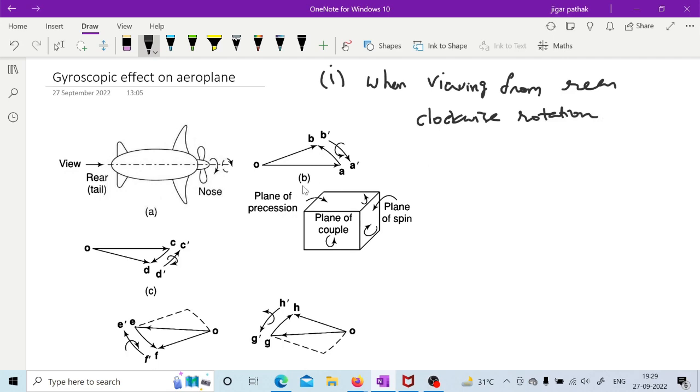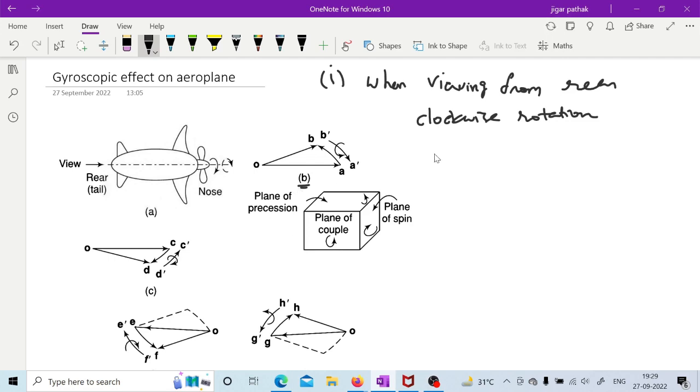It is mentioned in figure B what is going to happen in this case, right? If you focus on figure B, you will have angular velocity in this direction. As it is clockwise, you use the right hand rule, right? So it will be in this direction.